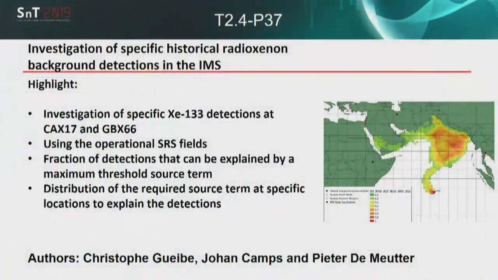So good afternoon. In this poster, we present a study where we investigated specific historical radioxenon background detections in the international monitoring system. So we looked, in fact, at observations for the full IMS, and we selected a few specific case studies.